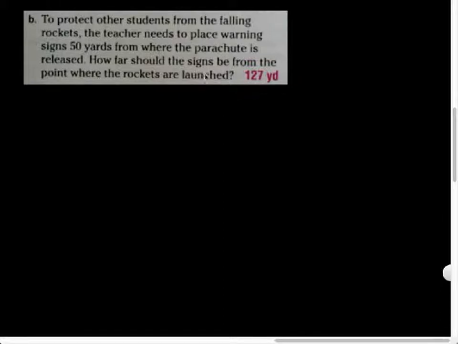First of all, the guy's a jerk because he just done and gone converted to yards. So 50 yards, what would I multiply by to convert to feet? 3 feet per 1 yard. So that's 150 feet. And let's see, from where the parachute is released.